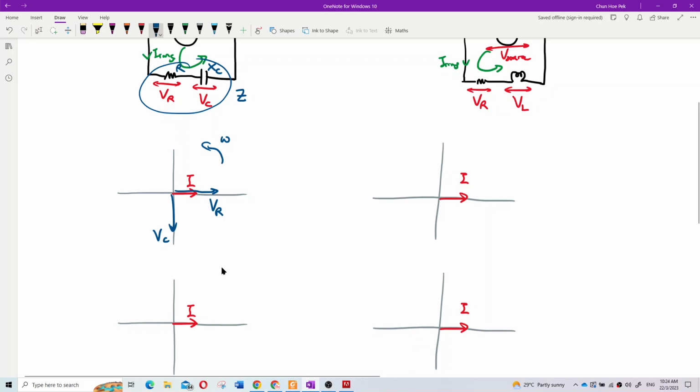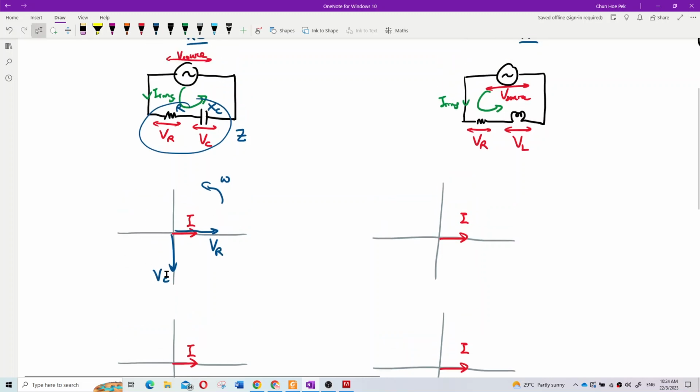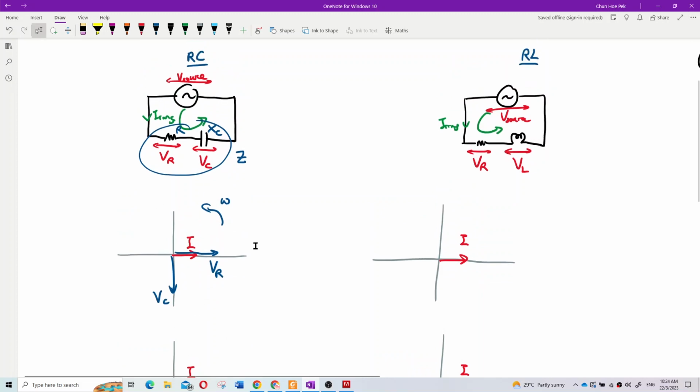Now, we use this phasor diagram like a vector diagram. Understand? Vector. So how do we find the V source? We just use the Pythagoras theorem. That's the V source.